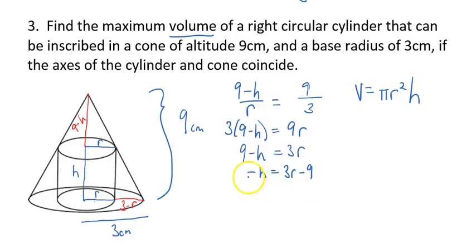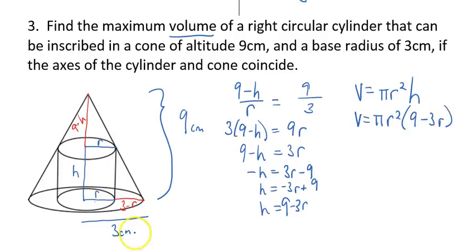And then I'm going to divide by a negative. So my h is going to be negative 3r plus 9, or you could write that as 9 minus 3r. And that is going to allow me to replace the h in my volume formula. So I'm now going to call that h 9 minus 3r.